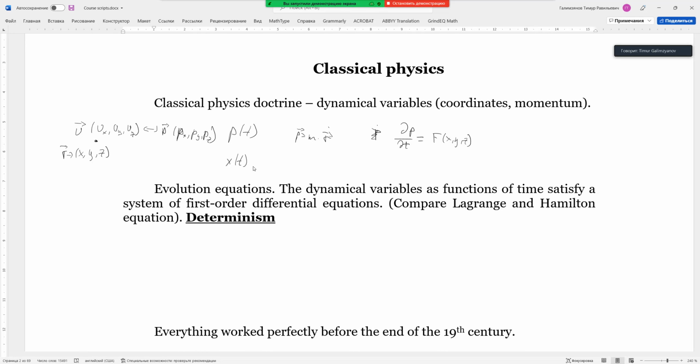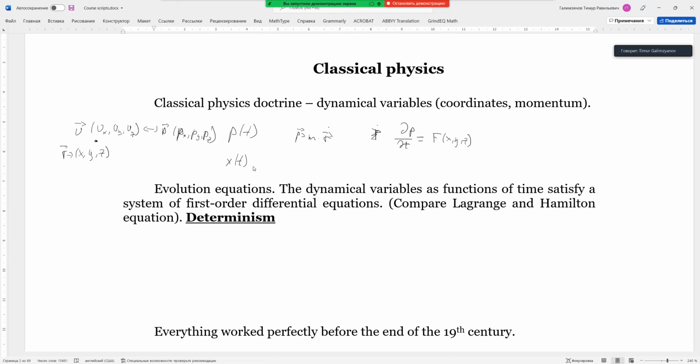But what does it mean physically? Physically, it means that if at some moment you know all coordinates of the particle and all momentum projections, or velocities, which is quite the same, you can predict every movement of this particle in the future, in a billion years.